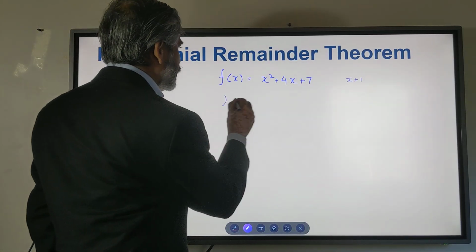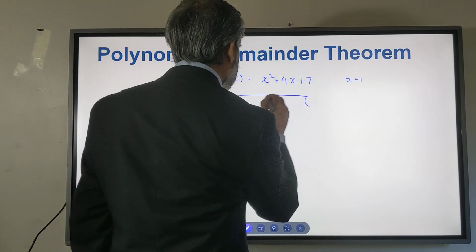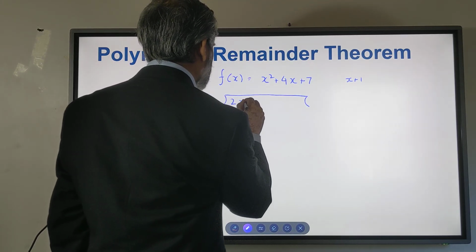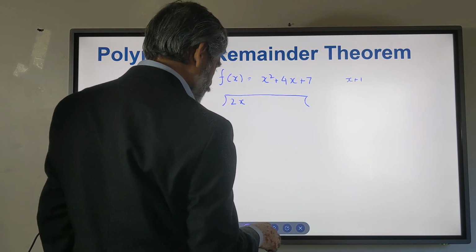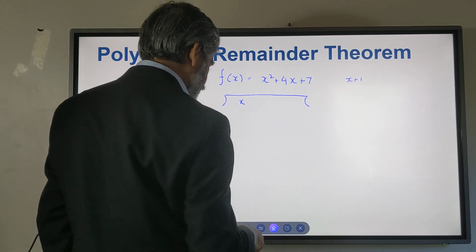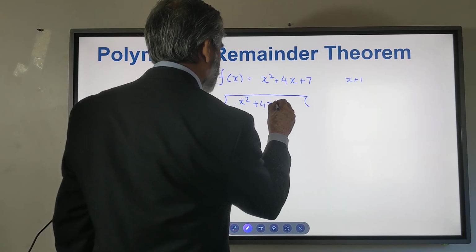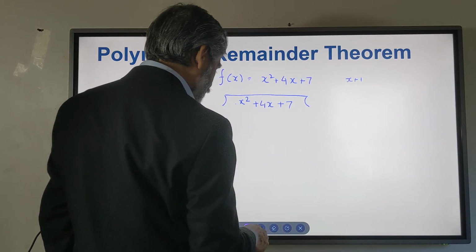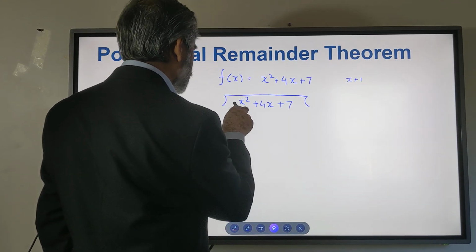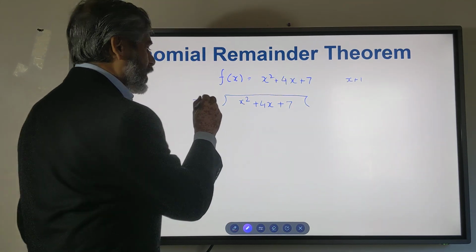One way we could do is just use the long division. So we write x square plus 4x plus 7, and then simply divide it using a long division method by x plus 1.